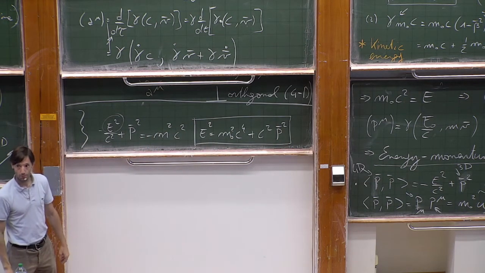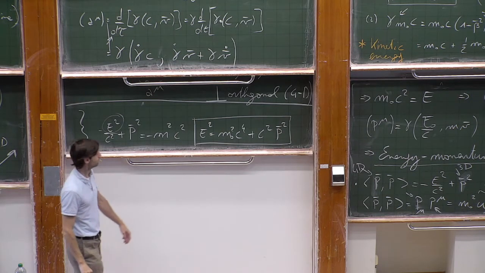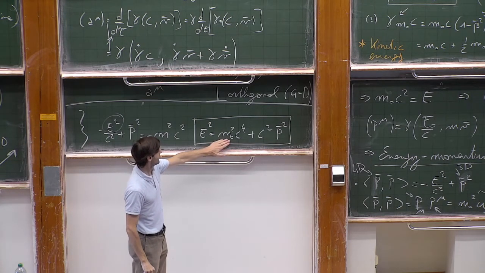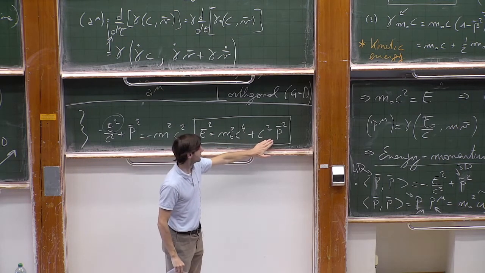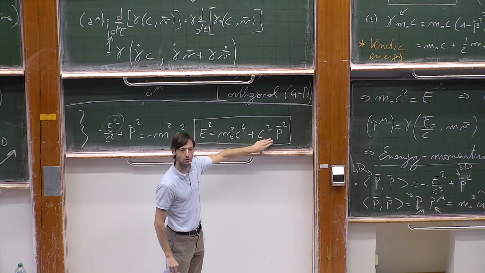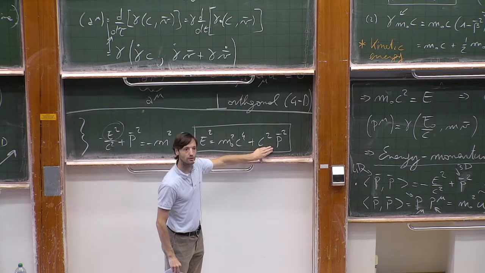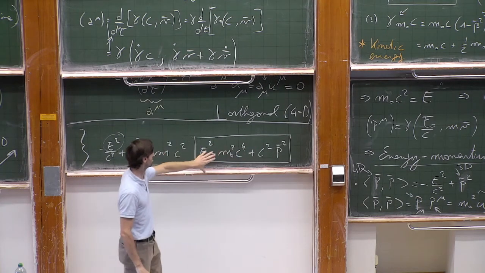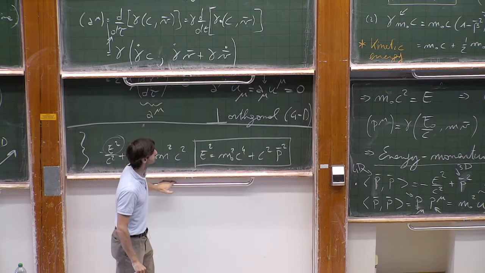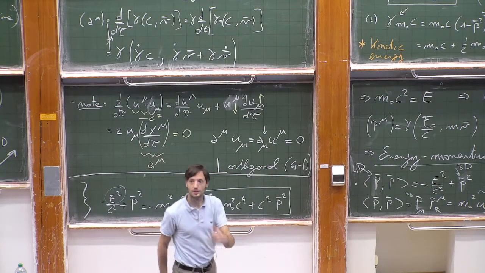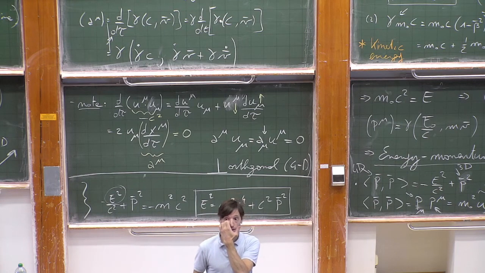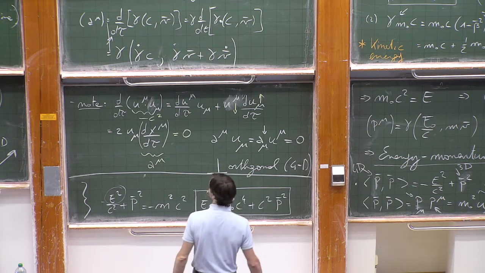So we have two components for the energy of our particle. One is the energy of our particle at rest, and one is the kinetic energy of the particle. And you see that they belong to the same energy.